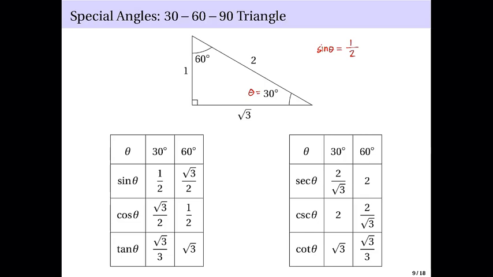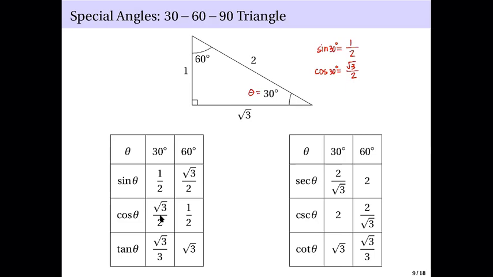If we look at cosine, sorry, let me put the exact value here. I'm using 30 degrees in here and 30 degrees in here. Now, cosine 30 degrees, that's your theta, so the adjacent is square root of 3 over the hypotenuse, which is 2.